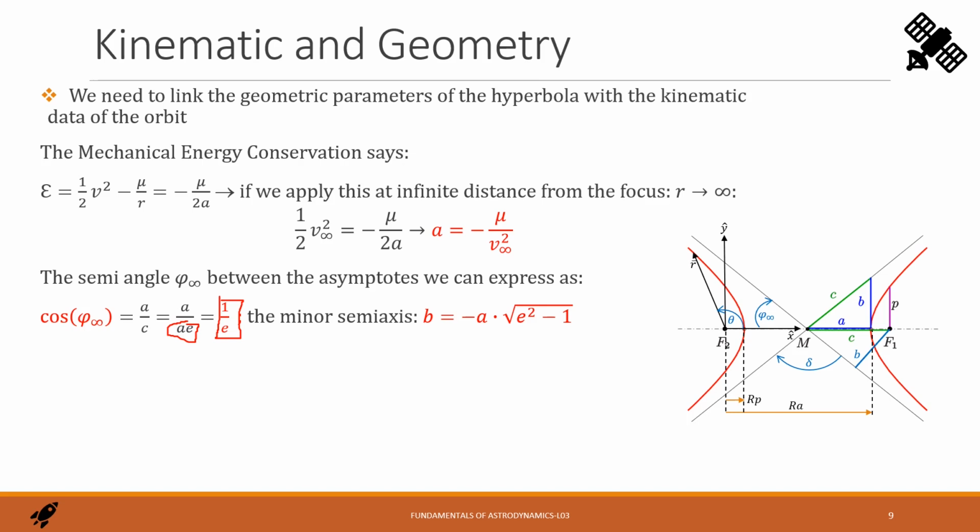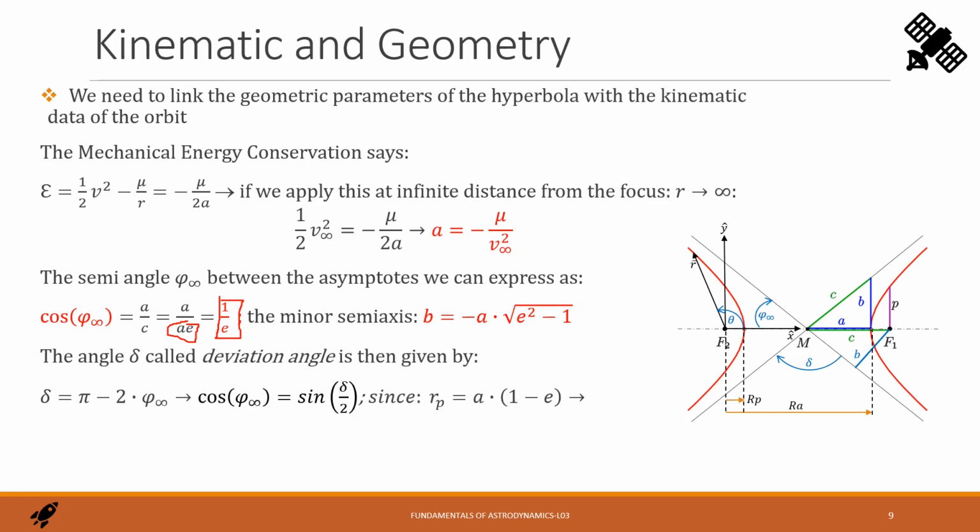The minor semiaxis B we can express as negative A times square root of E squared minus 1. The deviation angle delta is pi minus 2 times phi infinite. Therefore, cosine phi is equal to sine of delta half.